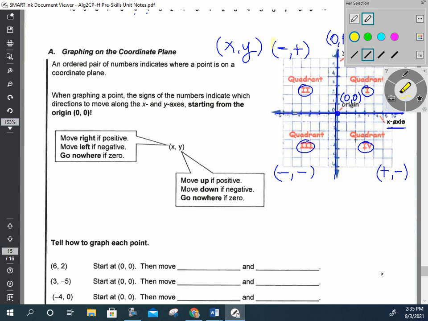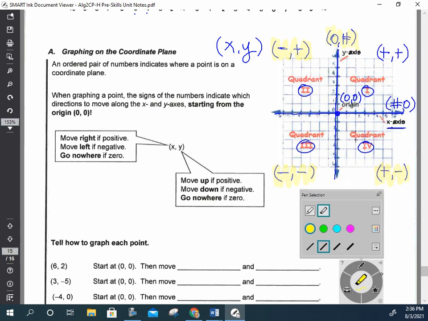So what I've given you are shortcuts for you to know where the point will be located. Where can you find that particular point? That's going to be important as you go farther along with regards to plotting your points and identifying points.